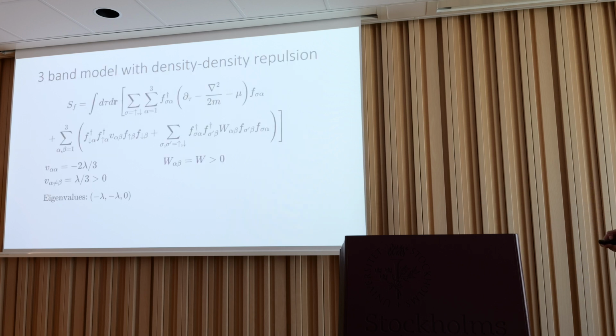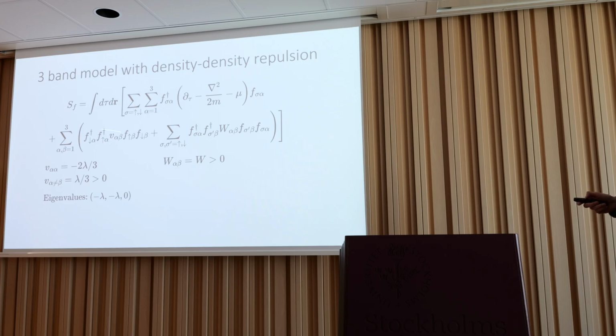This is the specific model that I studied. This is the kinetic part, the fermionic model of electrons. I have three symmetric electronic bands, labeled by alpha, with the same kinetic part for them, and this is the interaction.